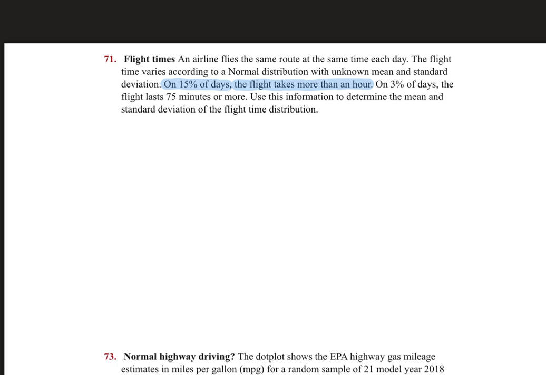We know it's a normal curve, and whatever the mean is, we don't know it. But we know the value is 60 minutes, so 60 is going to be somewhere around there, so that the area is 0.15, 15% less.